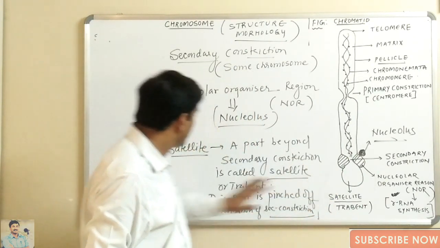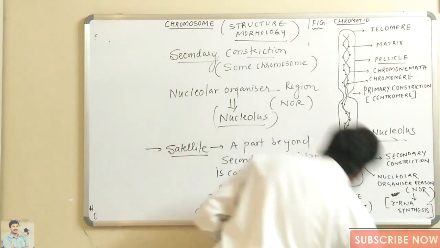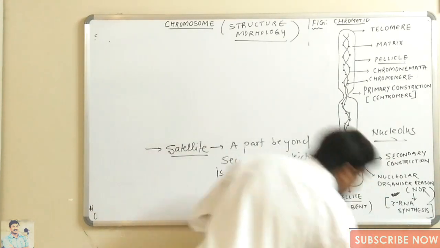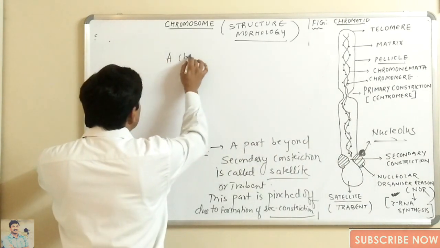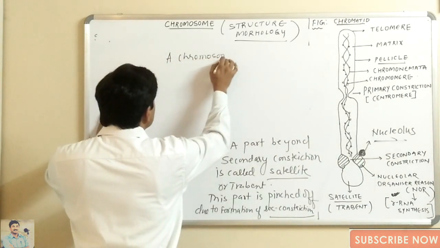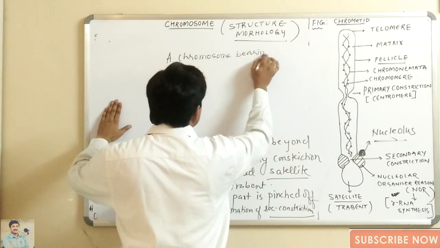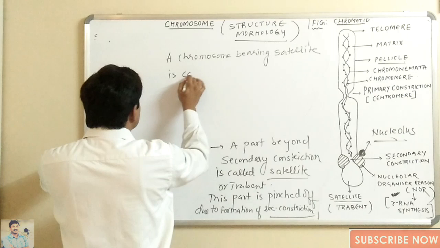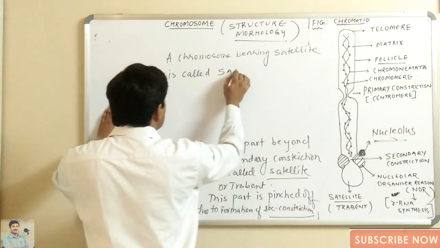Satellite part. Okay, now what is the satellite? A chromosome bearing satellite is called SAT chromosome.